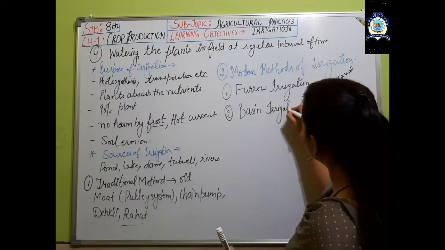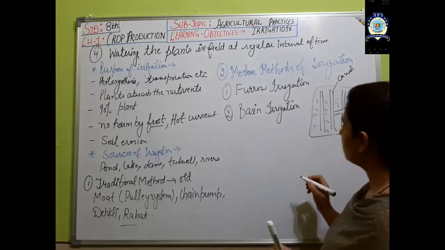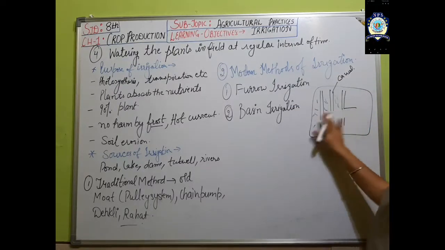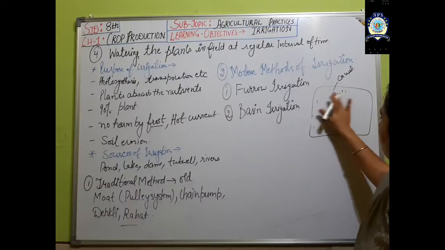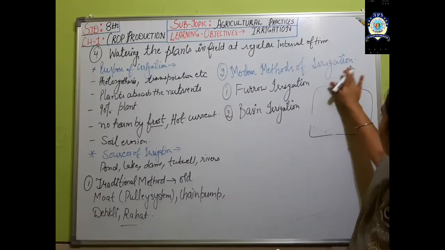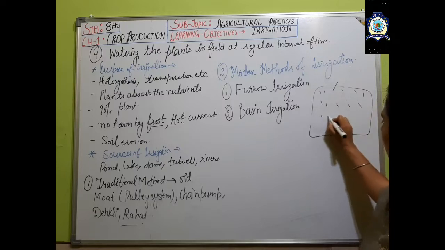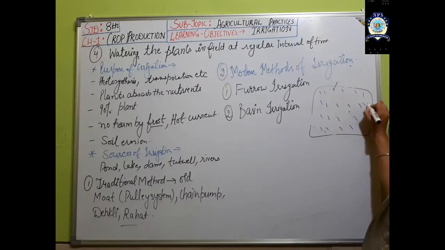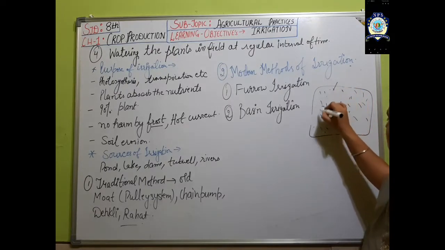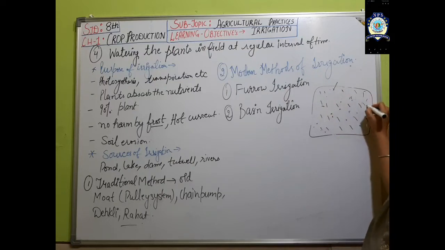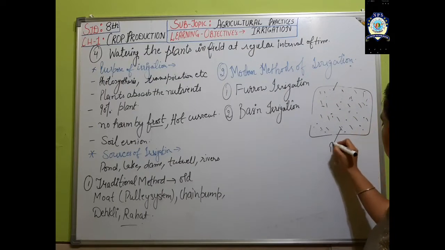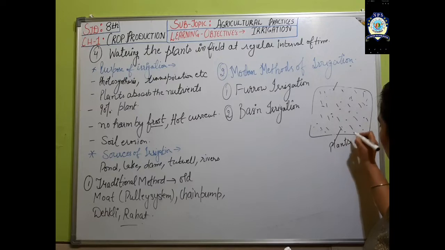In basin irrigation, as there is a large land, and in this large land, what is going on? Just the plants are sown, and these are the plants, and dots are just representing the water.